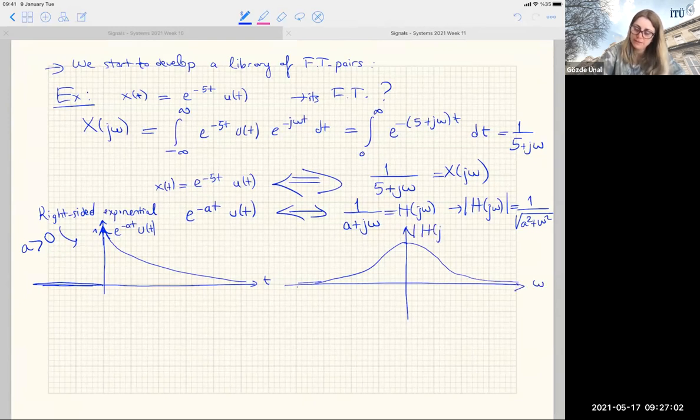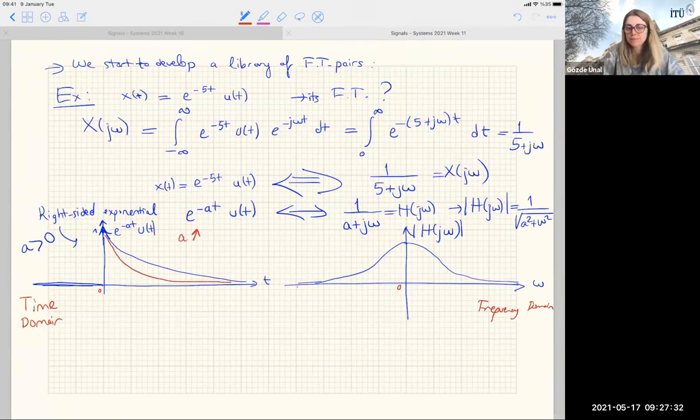So I'm looking at this signal both in the time domain and in the frequency domain. Time domain and frequency domain representation of this signal. A good observation here is, let's try to increase A. This exponential signal will have a faster decay, right? So it's going to be more localized in time.